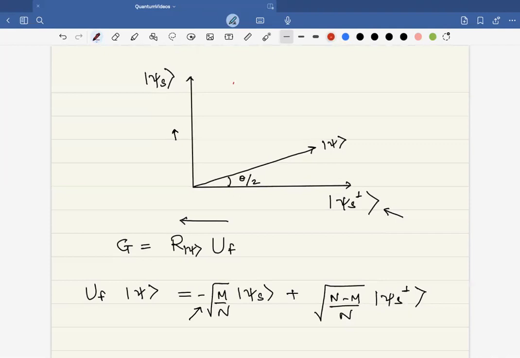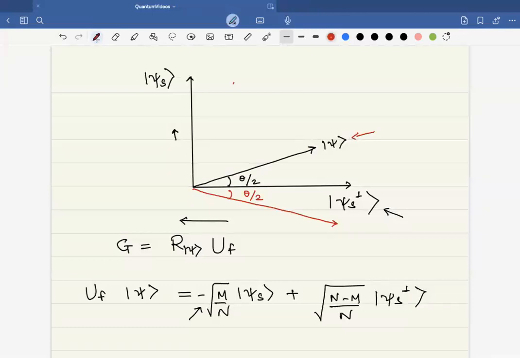So with one application of U of f, psi gets reflected about psi s perp. So this is theta over 2. That is what U of f does. And as I mentioned earlier, R psi actually reflects about the vector psi.